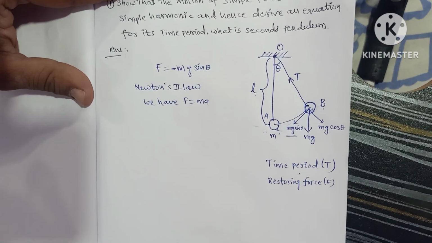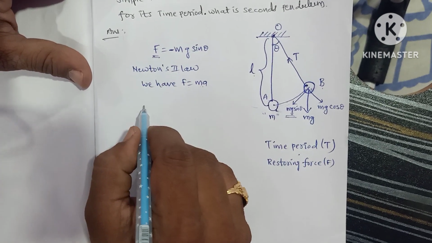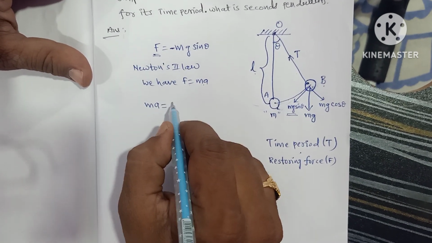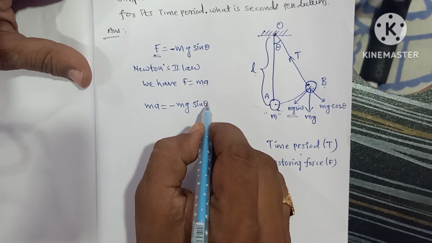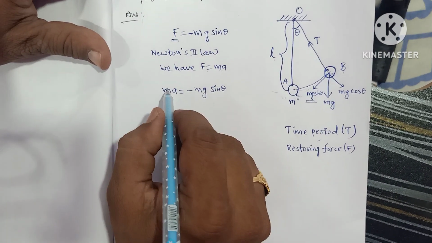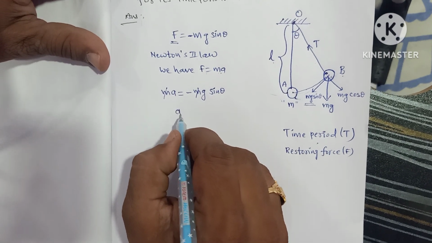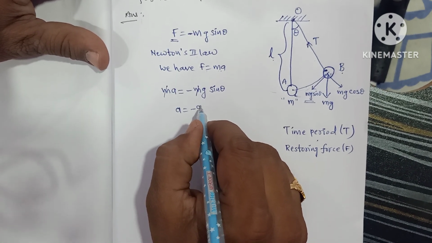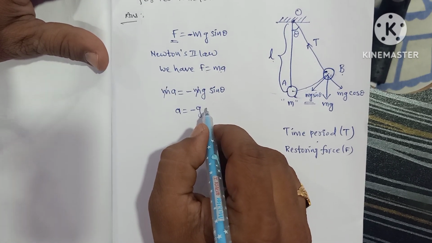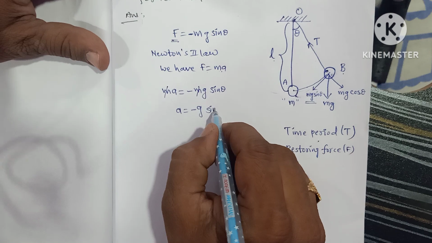If we substitute this value F is equal to ma in this equation, then we get ma is equal to minus mg sin theta. Now here m gets cancelled on both sides, then a is equal to minus g sin theta.